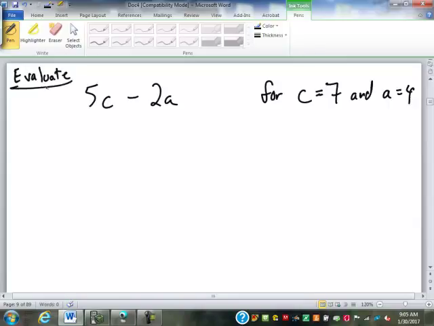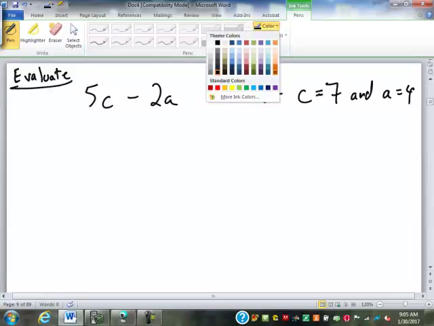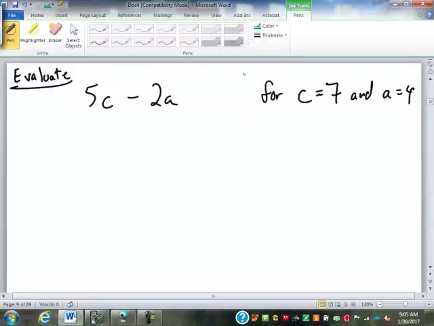So evaluate means to give a value to. We have this algebraic expression, and we want to evaluate that expression. We want to give that expression value for c equals 7 and a equals 4. So all that means is we are replacing the letters in that formula with those values.